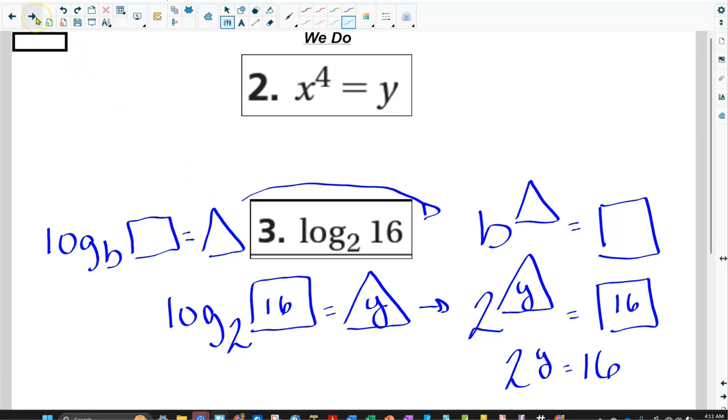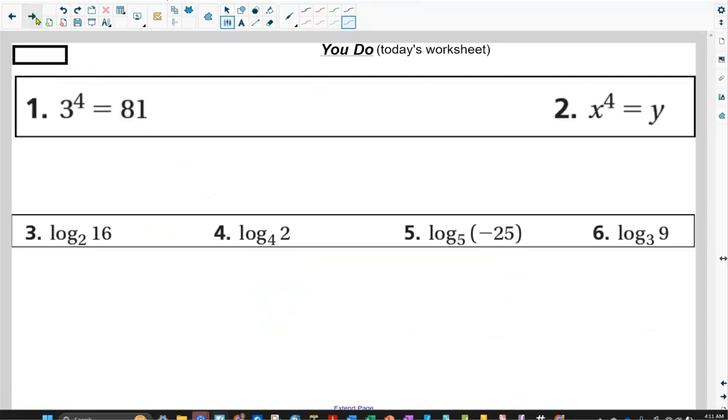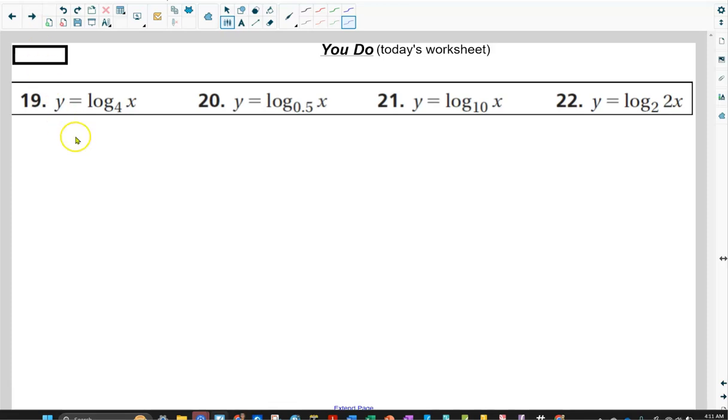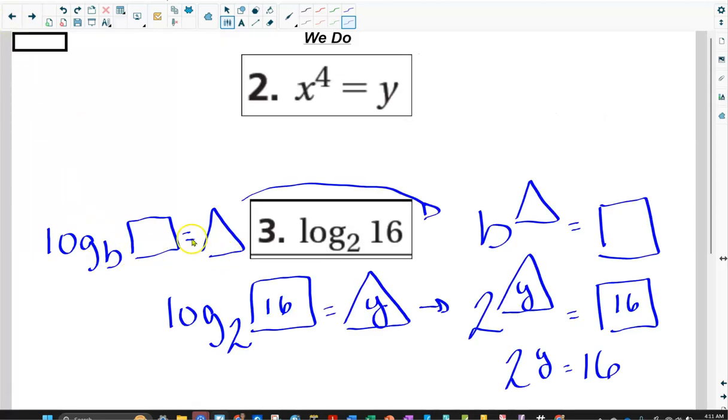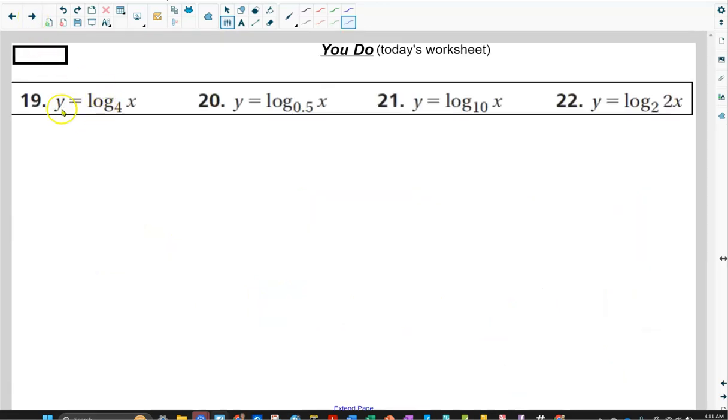So what else needs to be said? We'll have these practice exercises, and when you get to the exit ticket, notice that we have the logarithm here and then equals whatever on the right side. Here they switched it on you, so just rewrite it.